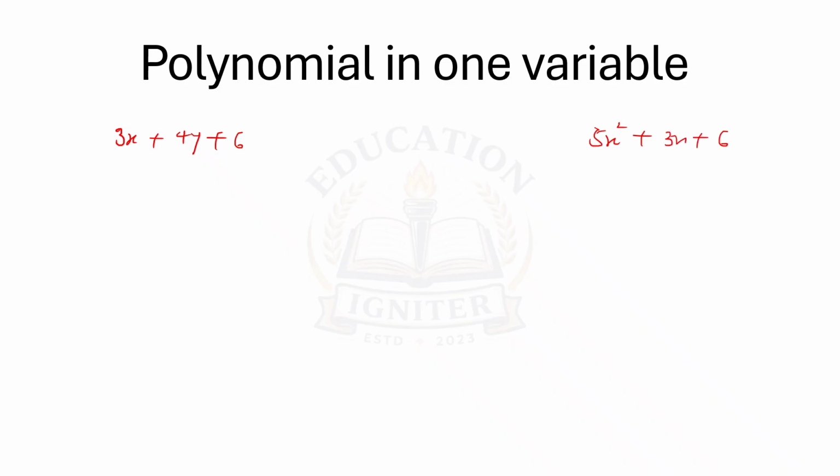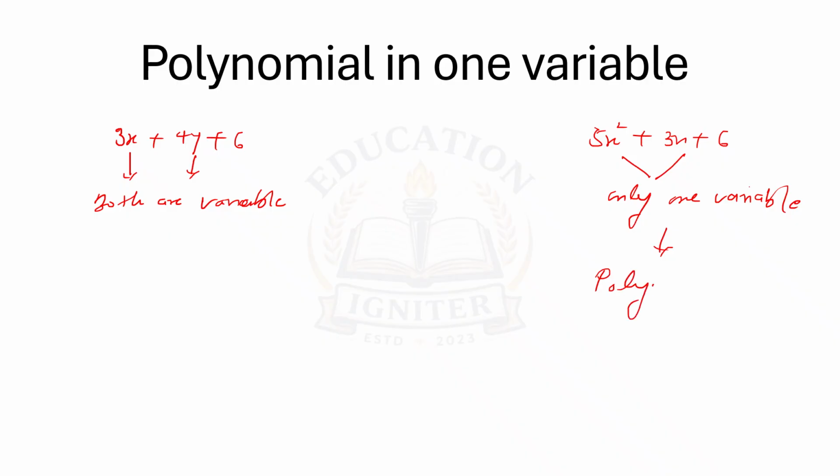Here you can see there are two variables, x and y, both are variables, because the value is not fixed. Here you can see only one variable. So this is a polynomial in one variable.